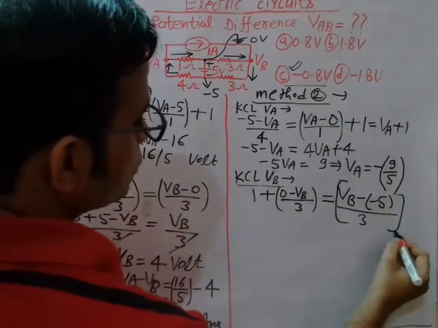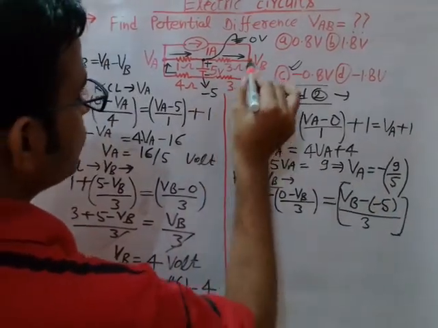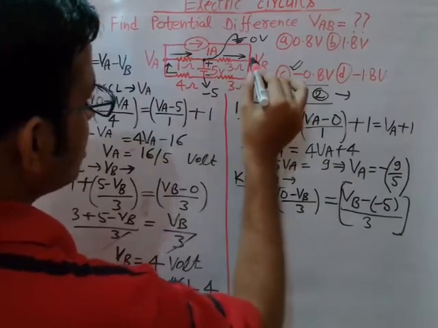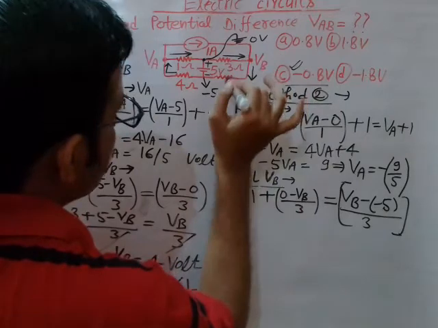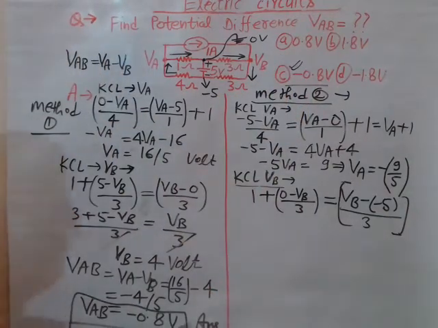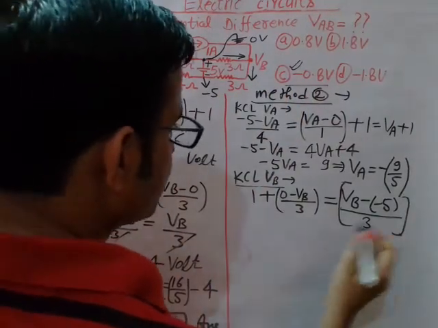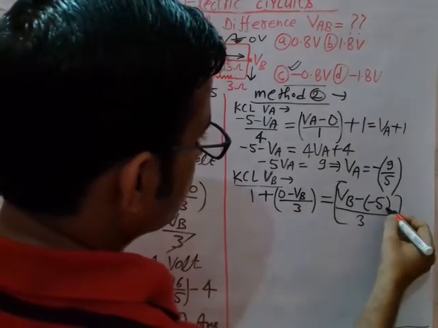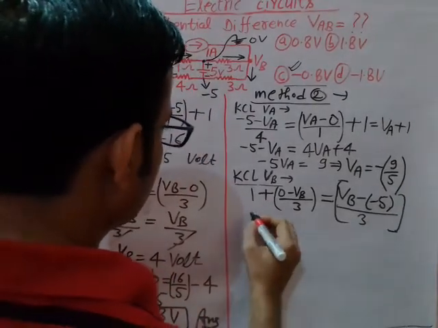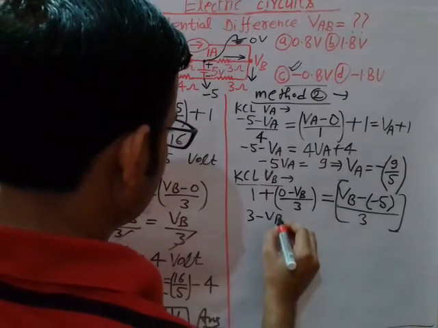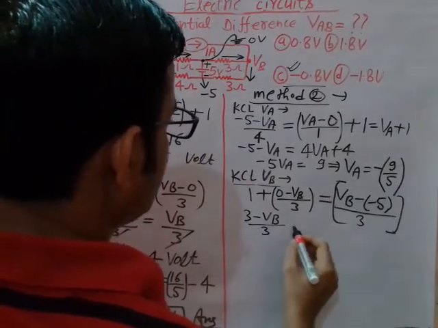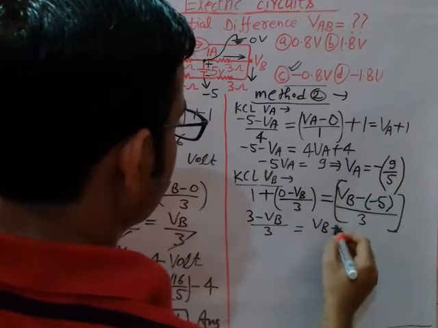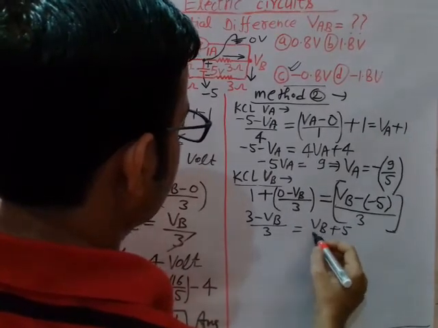If you choose the direction of current opposite to this, then you will write (-5 minus VB) divided by 3, right? That is the difference. So now you can further solve this. (3 minus VB) divided by 3 is equal to (VB plus 5) divided by 3.